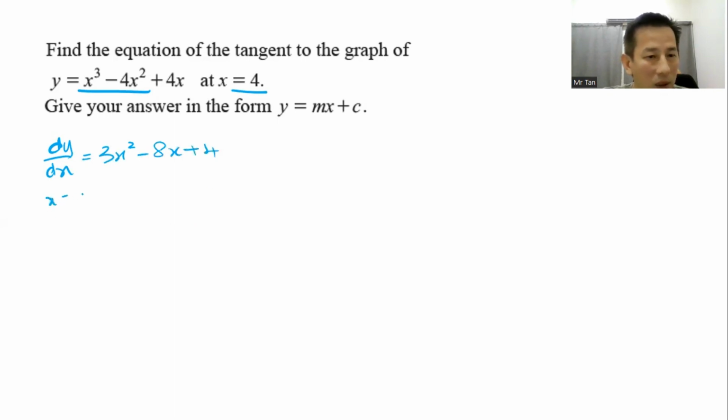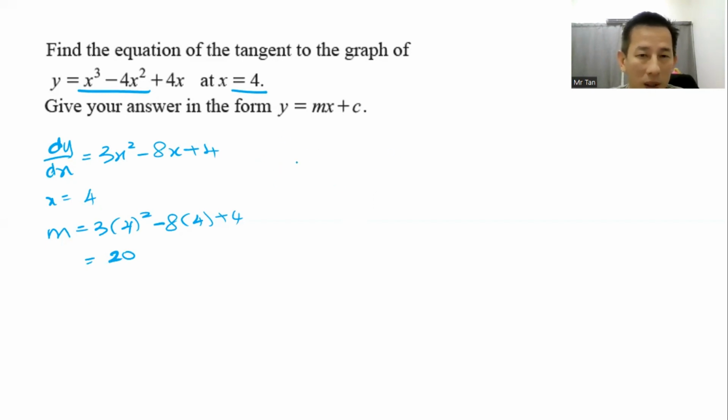So when x equal to 4, your gradient should equal to 3 times 4 squared minus 8 times 4 plus 4, you should get 20. I'm not mistaken. Okay, yes, should be 20. Now you have the m equal to 20.